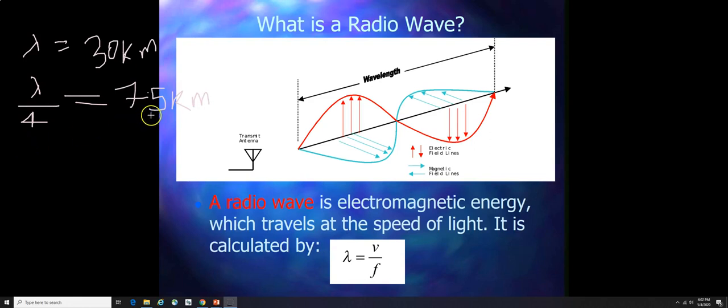So we see how the size of the antenna has been reduced drastically with the frequency of 10 kilohertz.